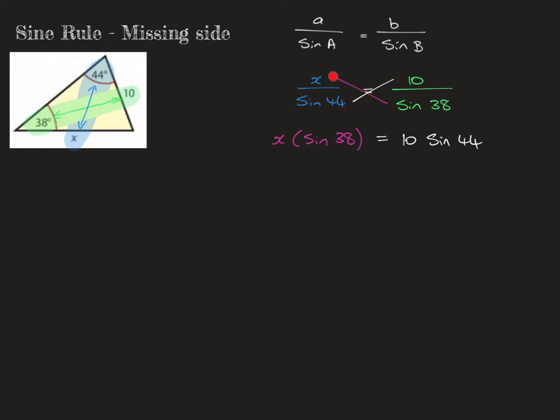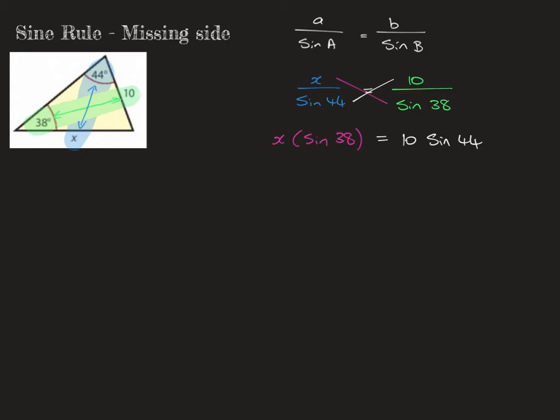So we're just multiplying diagonals. This times this will give us this, and this times this will give us this. The little trick I mentioned is that I tend to keep the unknowns on the left-hand side. If you had put the white part on the left and the pink part on the right, you'd still get the same answer, but I just find it's easier to keep your unknowns on the left.